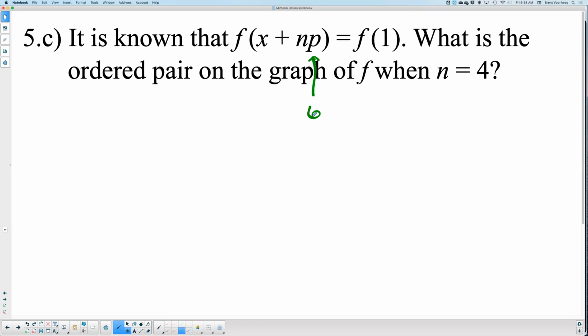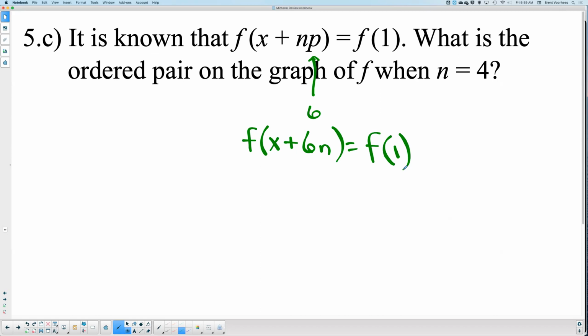I'm going to substitute. Here's what we know. It is known that f of x plus 6n equals f of x. That's what it's saying. It is known that that is true. That just means, what was our y value at f of 1? 6. That we could get 6 again somewhere on here by multiplying 6 times n.